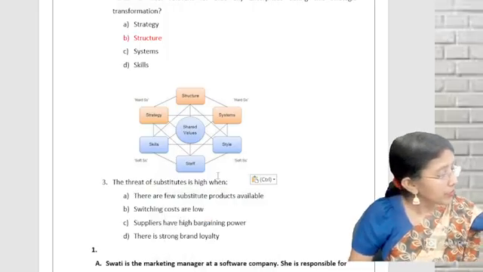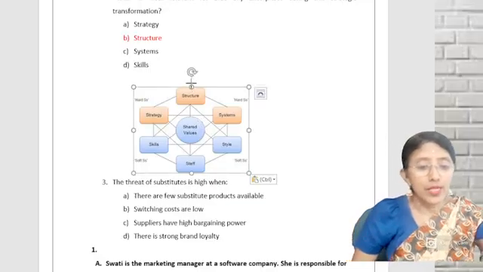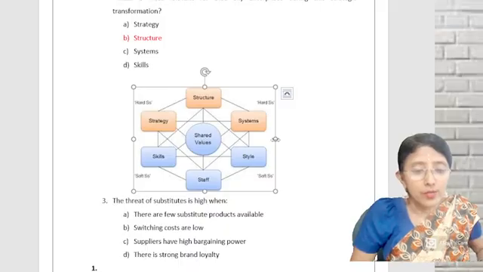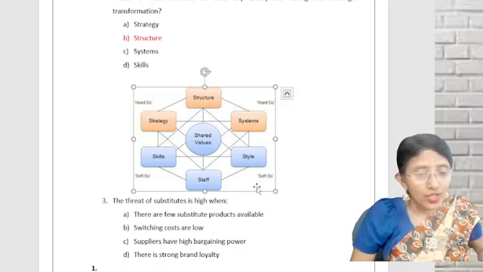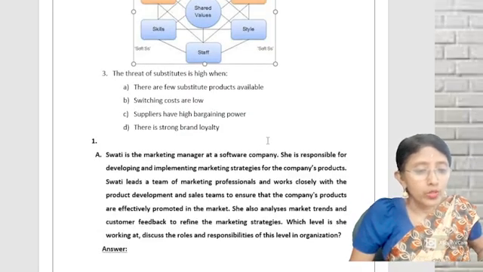I will do that unfreeze thing for you. See, McKinsey 7S. Look at the 7S given here: structure, systems, style, staff, skills, strategy, shared values. What is given inside is also an S. Okay, yes. Now go to the next one.